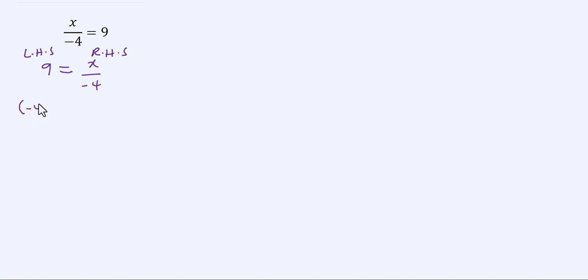So here we have negative 4 multiplied by 9 is equal to x over negative 4 multiplied by negative 4. So that negative 4 cancels out. And then 9 times 4 is 36. But remember your negative. So negative 36 is equal to x. And that's just it. It's exactly the same thing, we say x is equal to negative 36. Nothing complex, nothing so special.